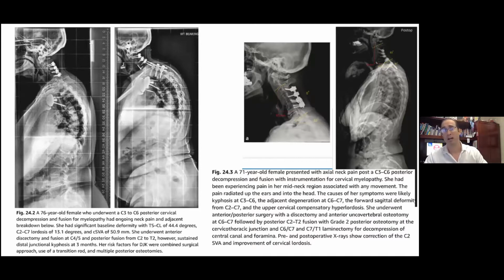The pictures on the right, very similar preoperatively or between the first and second operations, with a cervical 3 to 6 decompression and fusion. And then the patient went on to have an additional laminectomy and instrumentation, and had great improvement in her spinal alignment. So just two pictures to make it even more gray.